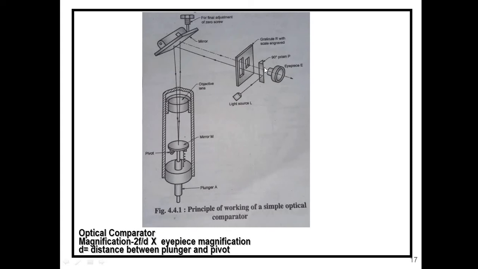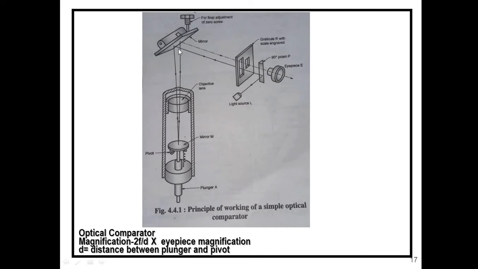Now a light spring is provided to maintain the contact of the plunger against the workpiece. As the contact plunger moves either in upward or downward direction, that motion is transferred from here to this mirror and from this mirror to this mirror.